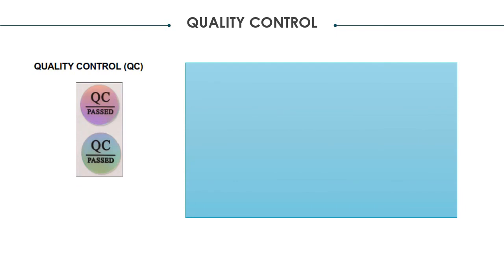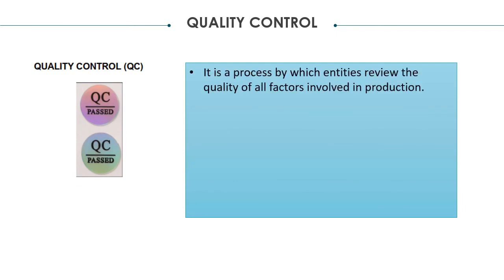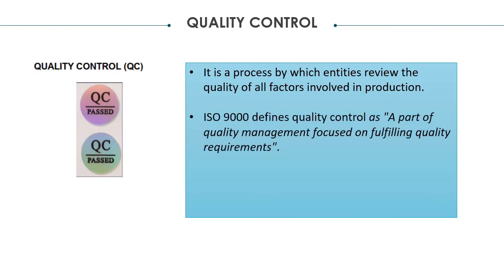Quality control or QC. It is a process by which entities review the quality of all factors involved in production. ISO 9000 defines quality control as a part of quality management focused on fulfilling quality requirements.